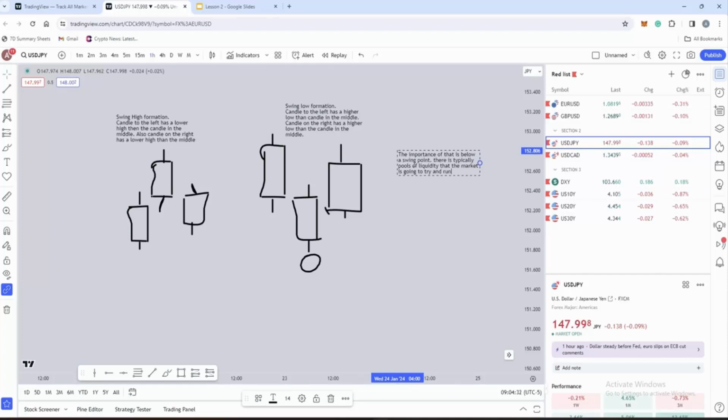And what I mean by try and run is eventually price is gonna want to trade below that level or above that level. And that's the formation of a swing low and a swing high, and the reason and the importance of it, of what it actually is.